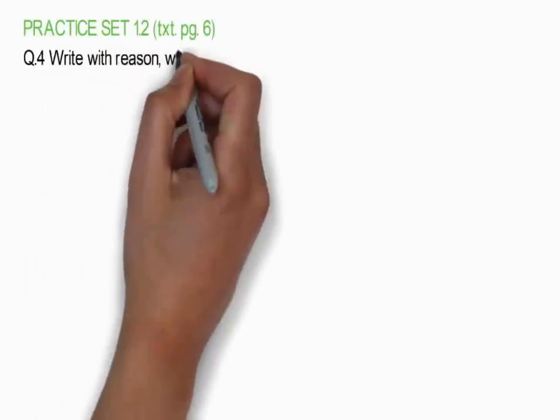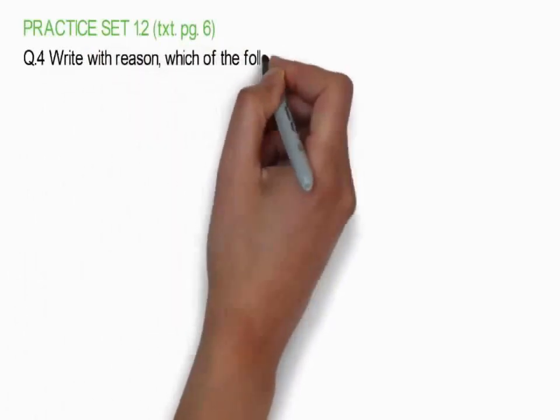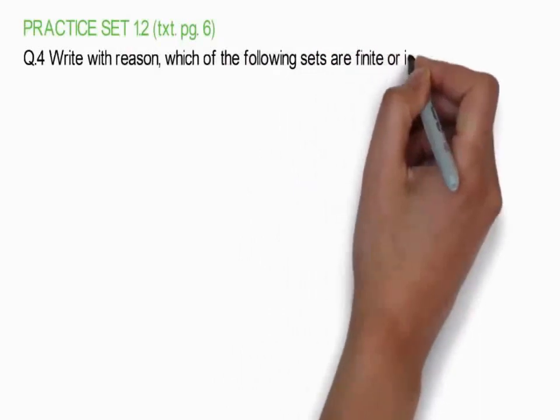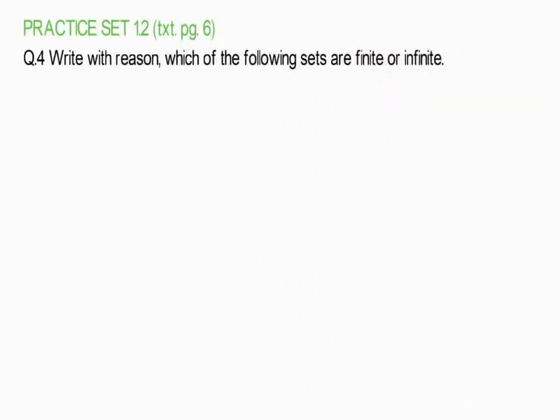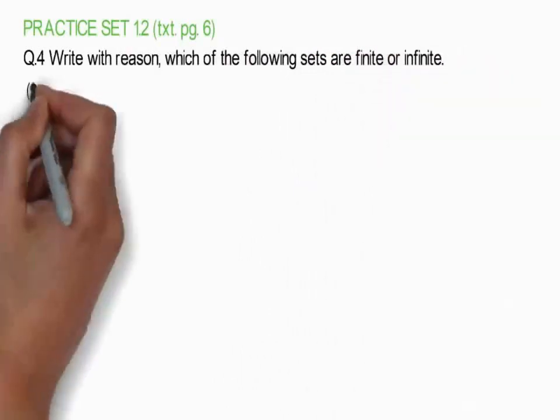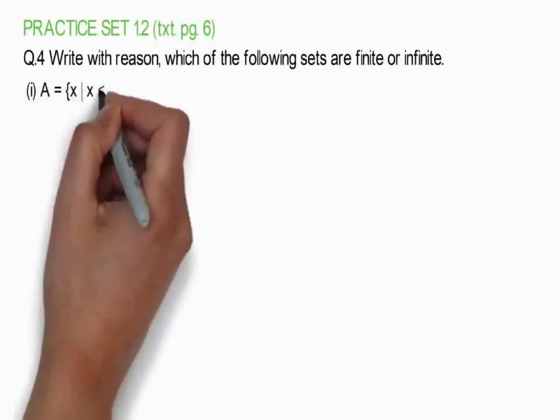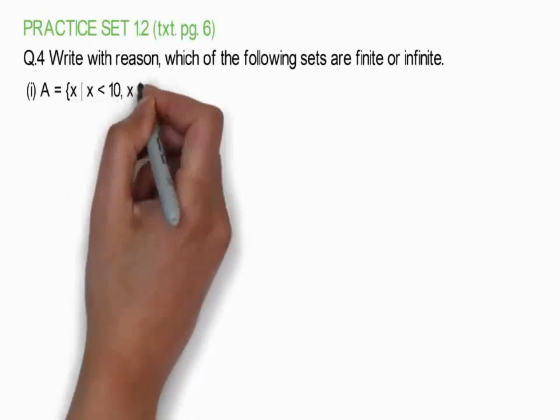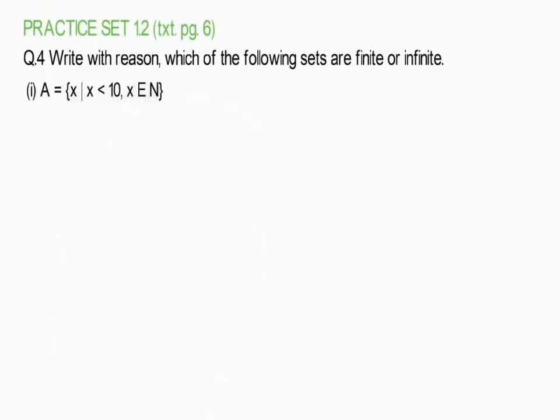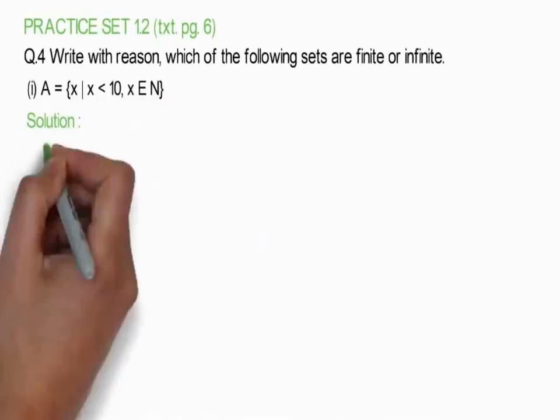Question number 4. Write with reasons which of the following sets are finite or infinite. First one, A is {x such that x is less than 10, x is a natural number}. We know that natural numbers start from 1 and here we want less than 10.